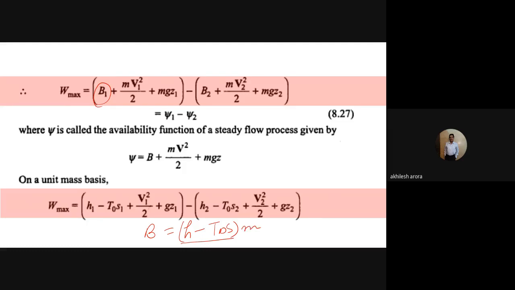So B is the Keenan function given by capital H minus T naught capital S. This is the W max in case of open system. And you can see this total term, B1 plus kinetic energy term plus potential energy term, is represented by psi. It is actually the availability function for a steady flow process. Okay, so let us move further.